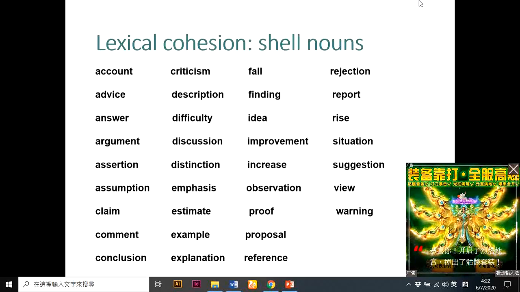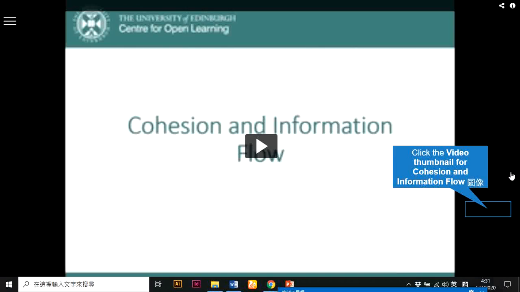In your writing, you can begin sentences or refer back to earlier ideas by saying, this account, or this advice, or such an answer, or an argument like this, etc. There are many ways that you can nominalize or use nouns to represent information that you've presented earlier. It's also a really good idea to try and notice the use of these nouns in your reading and not just use them in your writing.